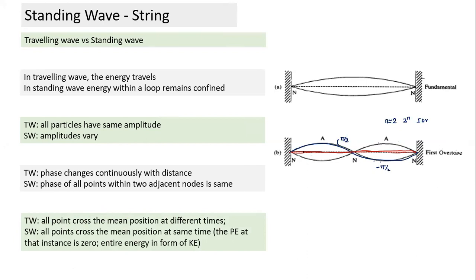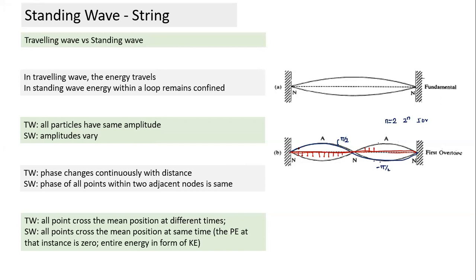Why do I say cross here? They are not at rest. They are at the mean position. But at this instance, if this is at t by 4, all these particles are in downward motion and all these particles are in upward motion. So they are all in motion, and all particles cross the mean position at the same time.